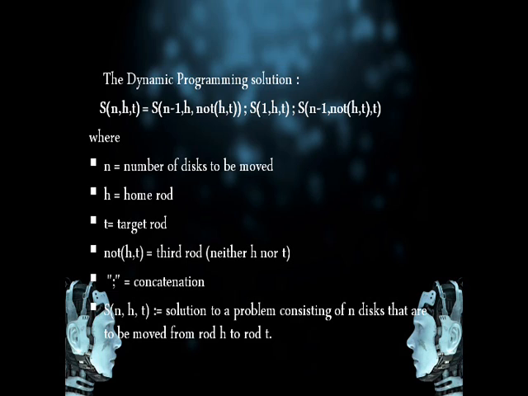The semicolon denotes concatenation, and s(n, h, t) equals the solution to a problem consisting of n disks that are to be moved from rod h to rod t.